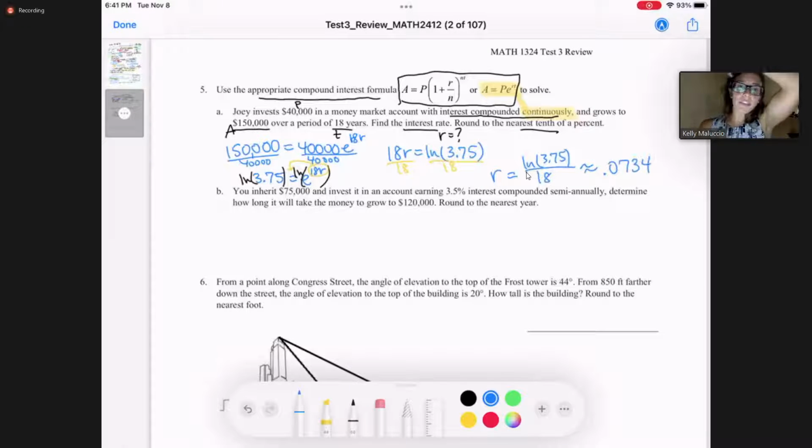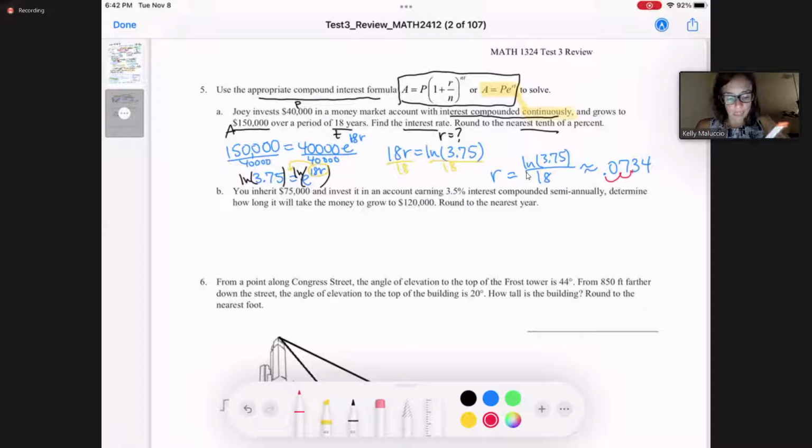Then they want us to round to the nearest tenth of a percent, so we need to translate this into a percentage. It would go 2 decimals to the right. Normally they give us the percent and we have to change it and move the decimal 2 places to the left, right? But in this case, we want to move it 2 to the right because we get our decimal.